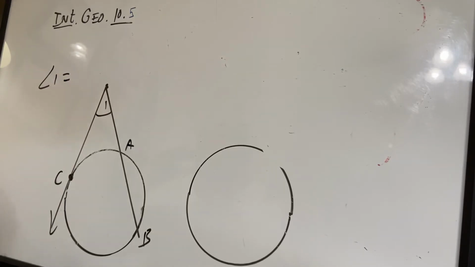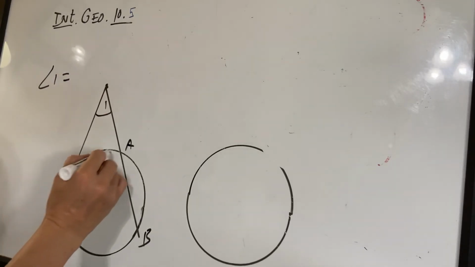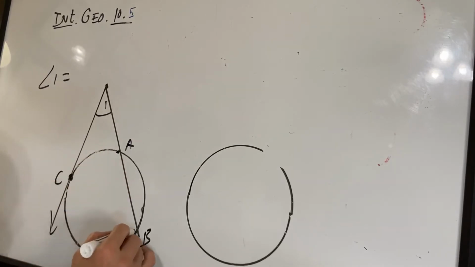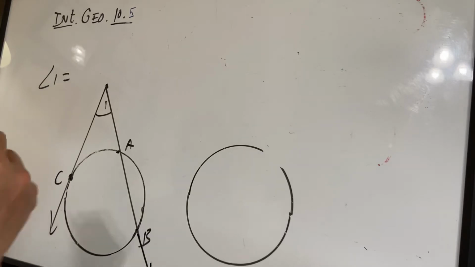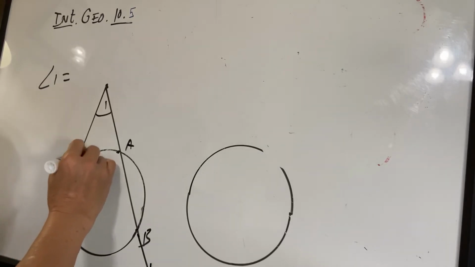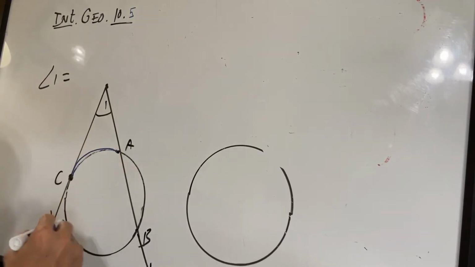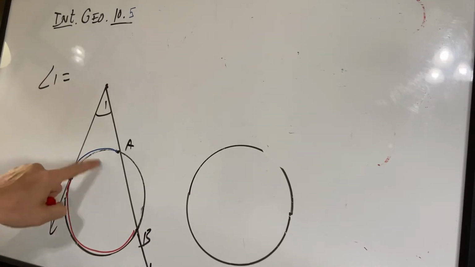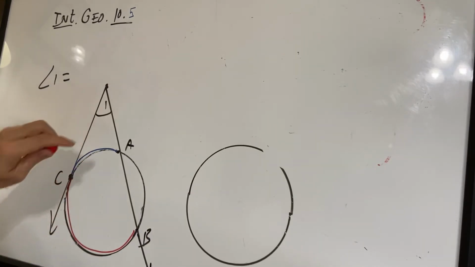Look at this. You see the two intercepted arcs? First, this is the smaller arc. And second, this is the bigger arc. So you see two arcs right here that make up the angle that is outside.